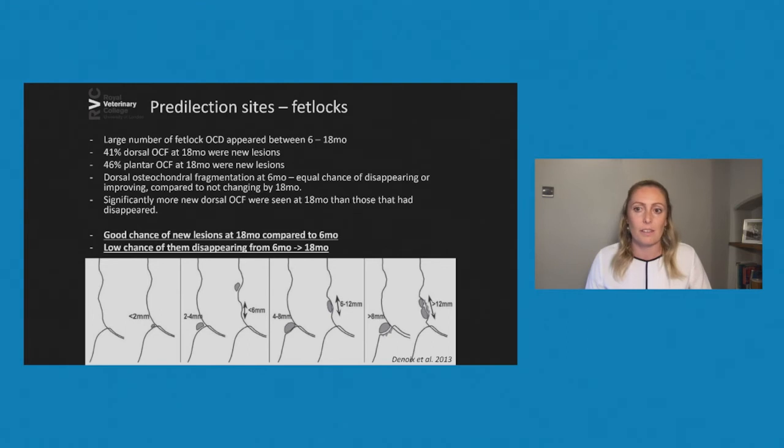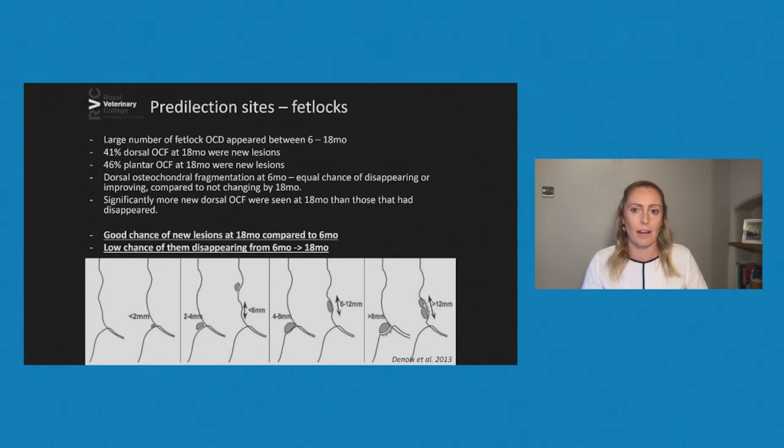There was interesting data from this paper suggesting that a large number of fetlock osteochondral fragments appeared between 6 and 18 months old. 41% of dorsal fragments at 18 months old were new lesions. 46% of plantar fragments at 18 months old were new lesions as well.